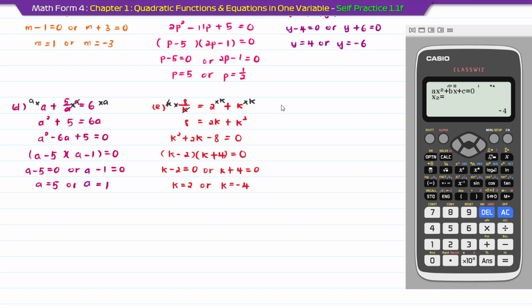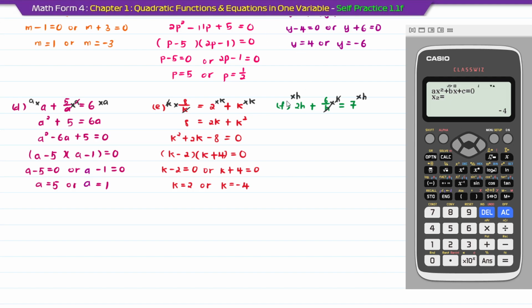Now let us move to question F. So 2h plus 6 over h equal to 7. The same thing here, we have a fraction 6 over h. To eliminate the fractions, just multiply with the value of the denominator for each of the terms. So this h and h will cancel itself.